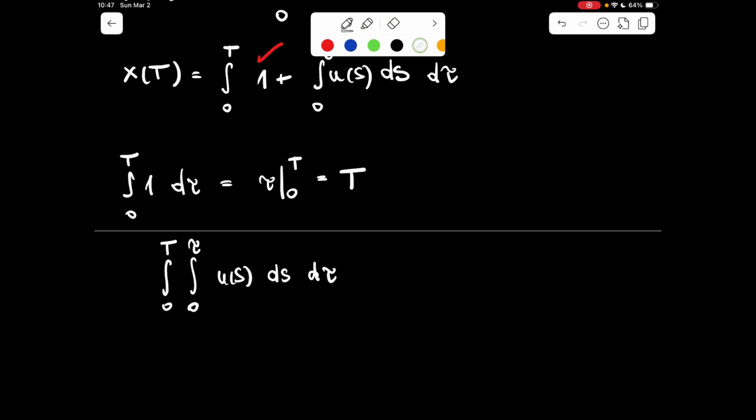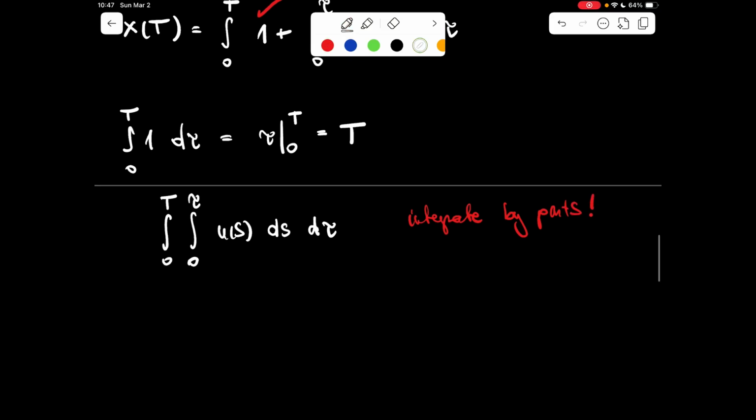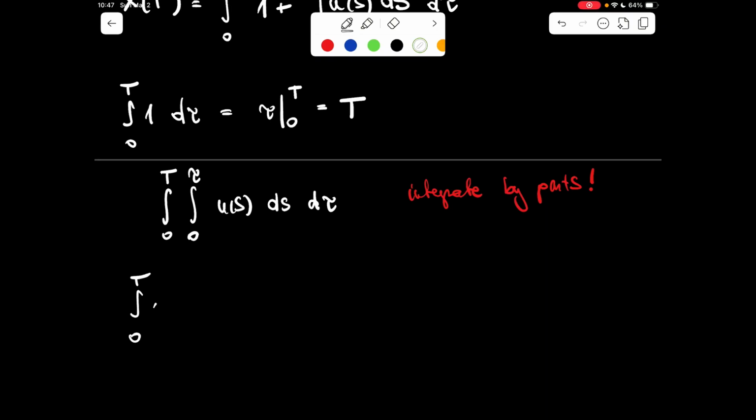And the idea is we should integrate it by parts. To do this, we must squeeze a new variable into the integrand without changing the value, so it's going to be 1.